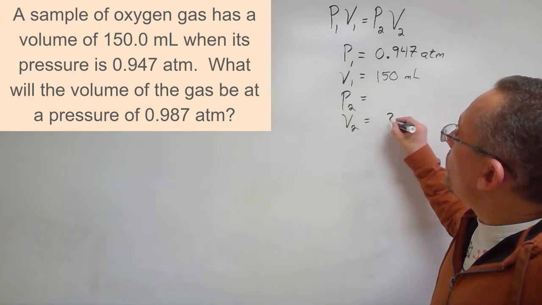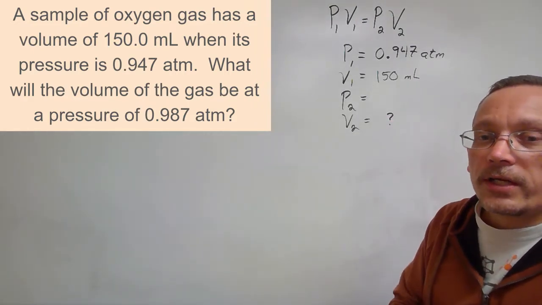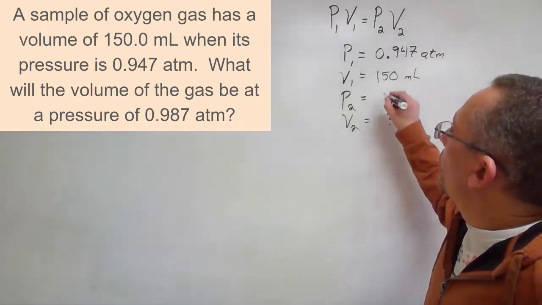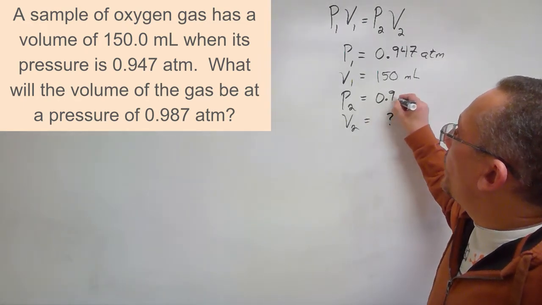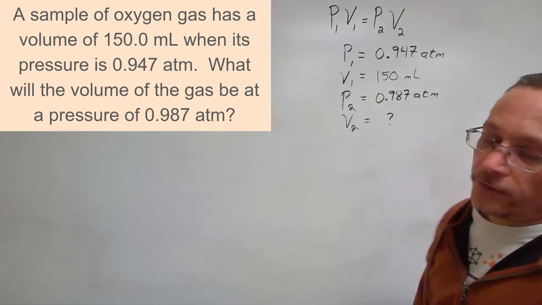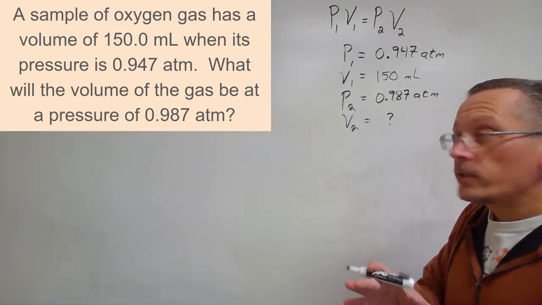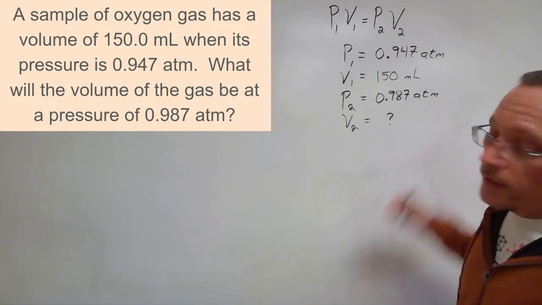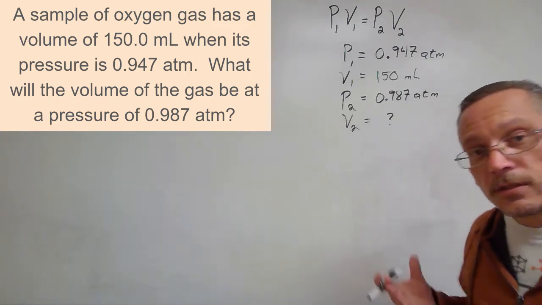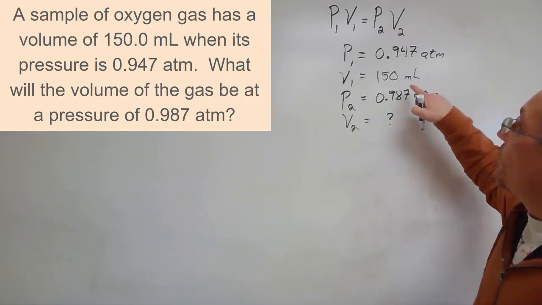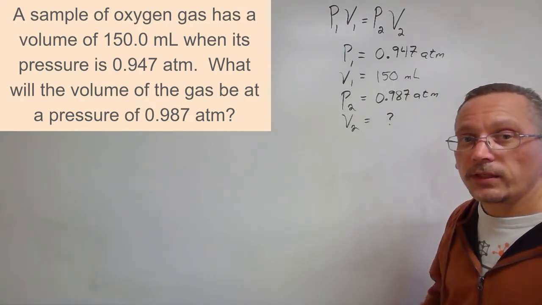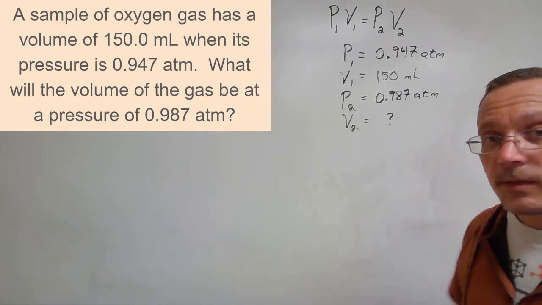We don't know this, when the pressure is 0.987 atmospheres. Now let's make sure our units are okay. Our two pressures need to have the same units, and I can see that they are both in atmospheres, so that's good. My volume is in milliliters, so when I get my answer, it will also be in milliliters.